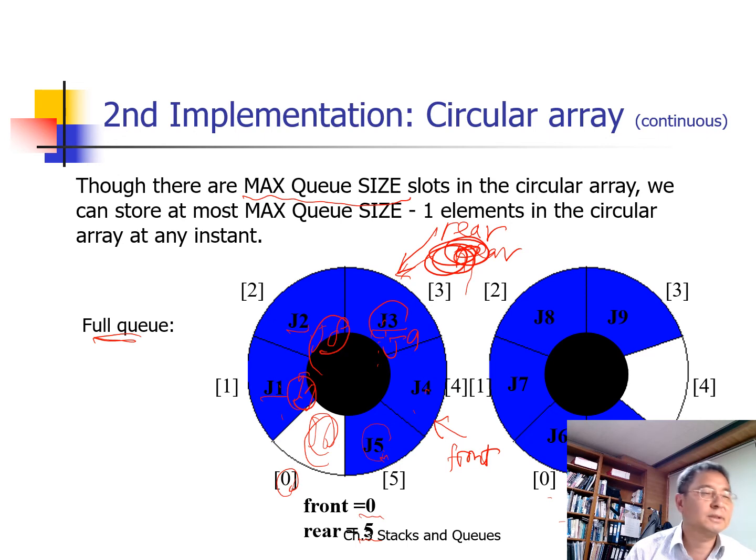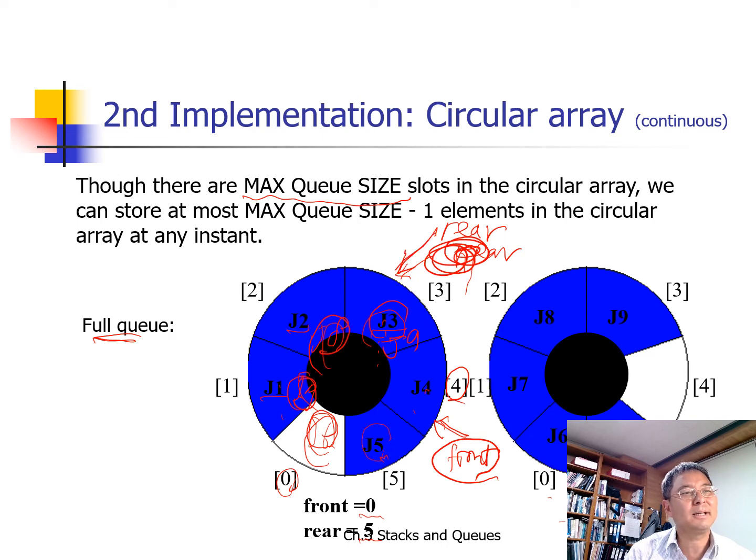Okay, so deletion happens first, deleting 4 jobs here, J1, J2, J3, J4. So the front index will point to index 4 now. And after that, new jobs J5, J6, J7, J8, J9 are inserted.